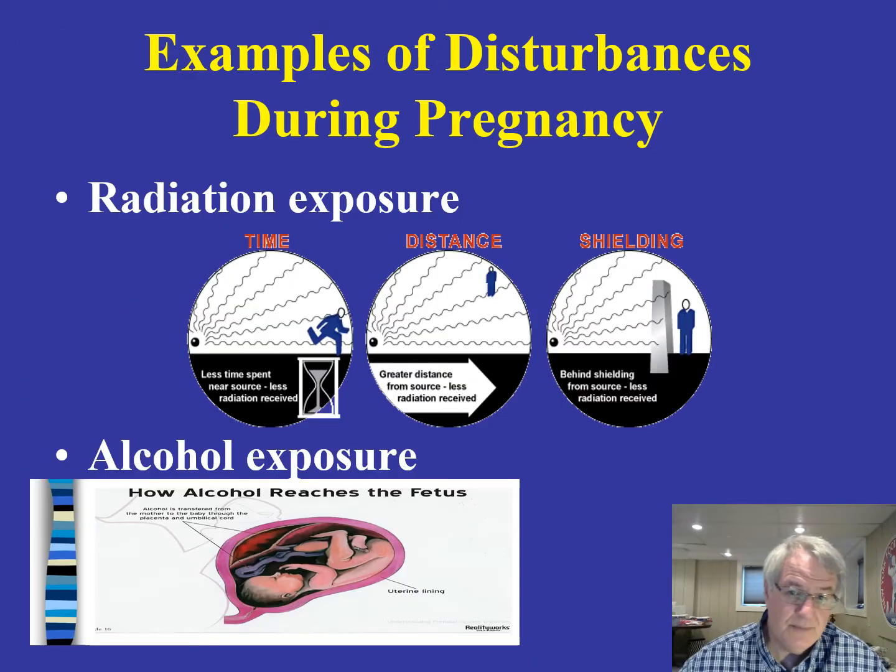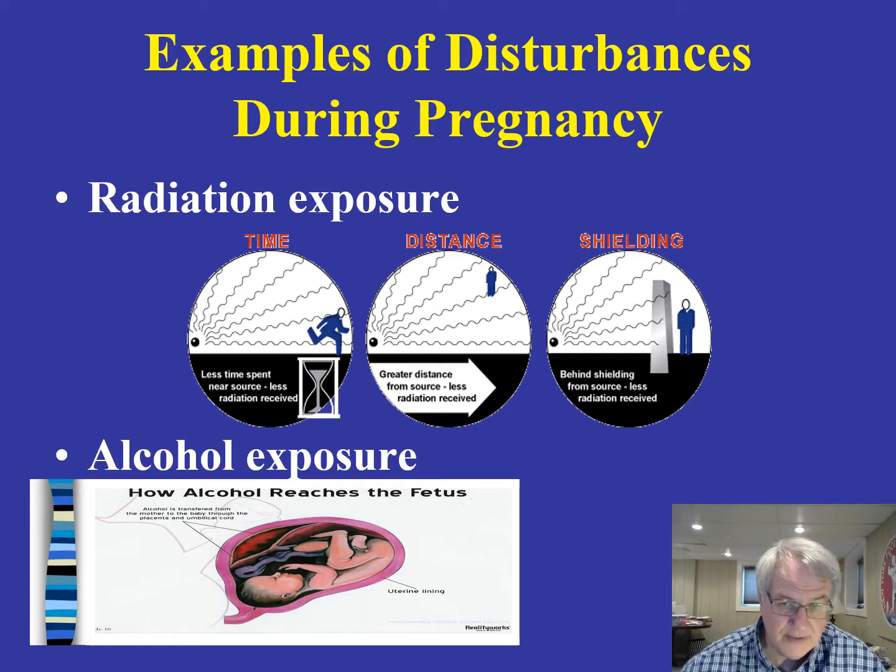So just some examples of disturbances that can occur during pregnancy. Certainly we've known about radiation exposure for a long time. When you take a look at what happened, for example, when the bomb was dropped on Hiroshima, or what happened at Chernobyl, again, that's in some of the videotapes that you're going to be watching that are important for this particular area. Radiation exposure is known to have very profound effects in terms of behavioral development, and indeed, we know quite a bit about that now.